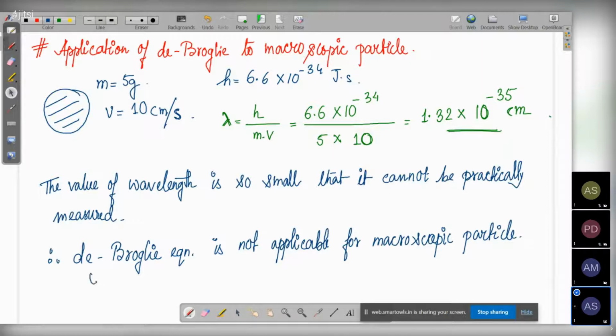It is applicable only for the microscopic part.